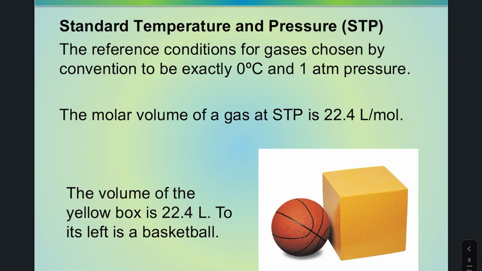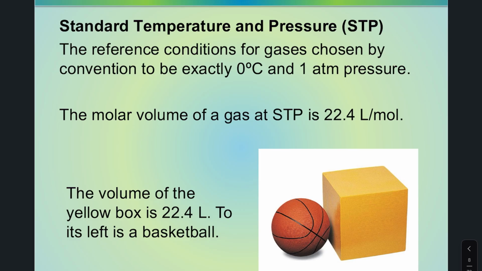Okay, so this is a term. We're going to move on to the next thing. This is a term that we use to define a standard temperature and pressure. So STP is what is going to be used a lot, and this is always going to be the exact same thing.